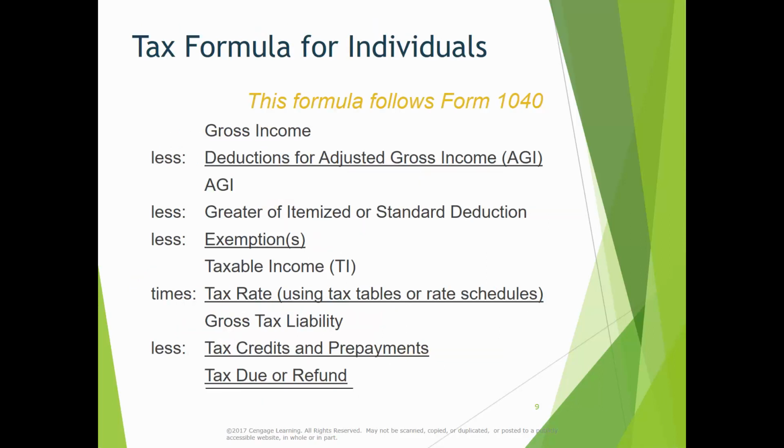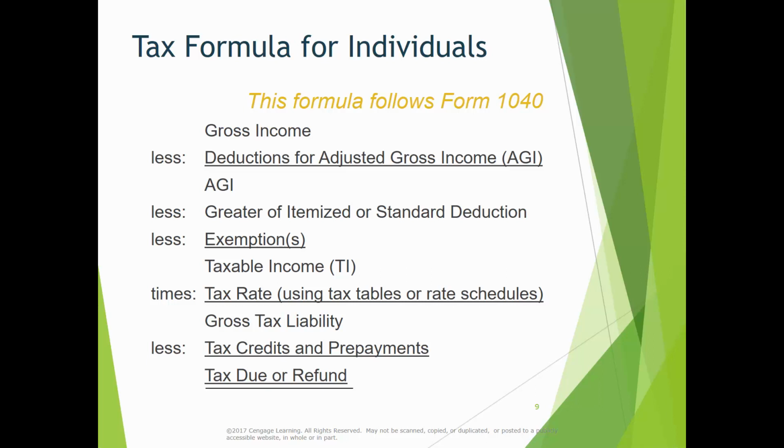Okay, so now this is where I'd like to have this side by side. This is the manual recap. This is the 1040. This is the tax formula. The whole left column of the manual recap culminated in that bottom number, AGI, okay? Adjusted gross income. So that's all your items of income minus your deductions for AGI.